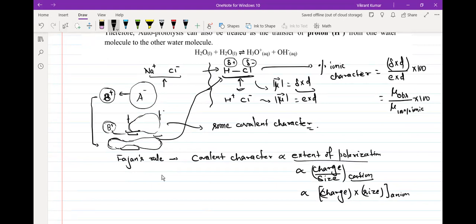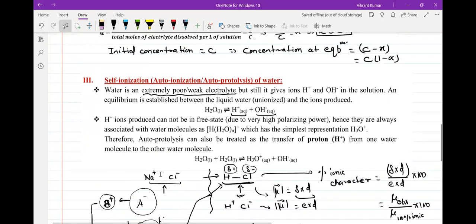So that's why we say that the polarizing power of H plus is extremely high. और बाहर भरे पड़े हैं H2O के मॉलिक्यूल्स which are having electron clouds, है ना. So H plus ion can always polarize the surrounding H2O molecules, and that's why they will never be found in free state. They'll always be found associated with some water molecules.